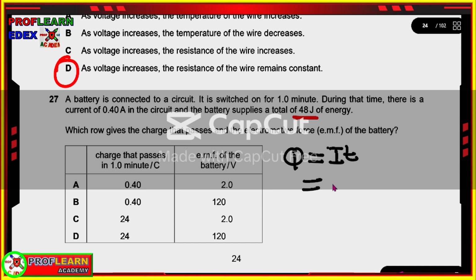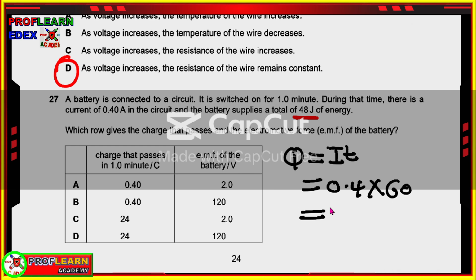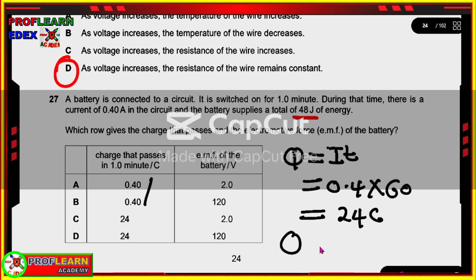So this is going to be 0.4 times 60. So the charge that passes through there is going to be 24. So these two are out. This is 24 coulombs in one minute. EMF, and we know EMF is going to be energy over charge. What is charge equal to?